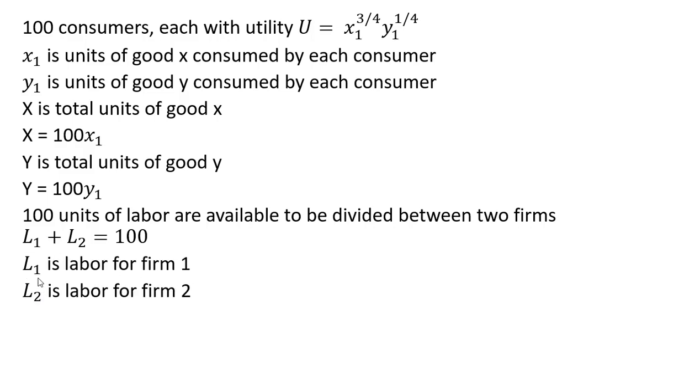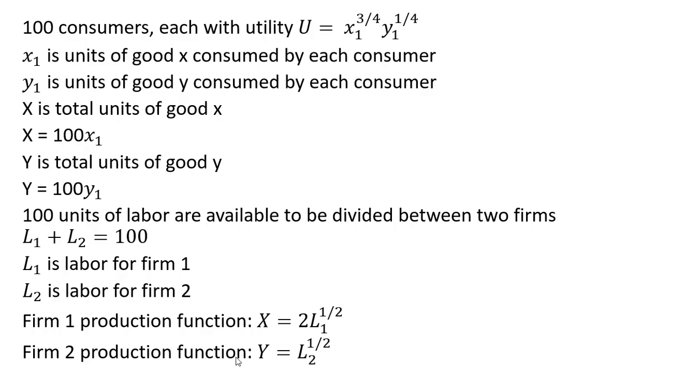Firm 1 has a production function X equals 2 times the square root of labor, and firm 2 produces good Y. Its production function is just the square root of labor.